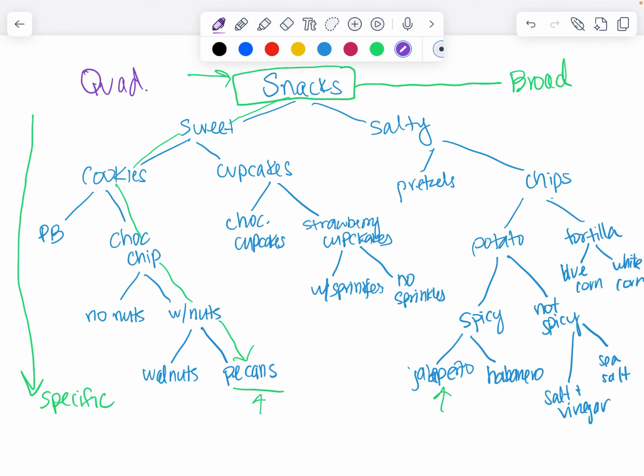And you may not need to use all of the shapes, but you will need to have them colored in and create a tree diagram that's similar to starting off as very broad and then going down to very, very specific. And that's what you're going to do for your quadrilateral tree diagram.